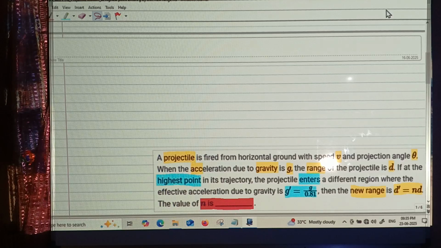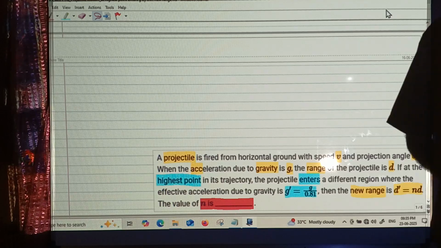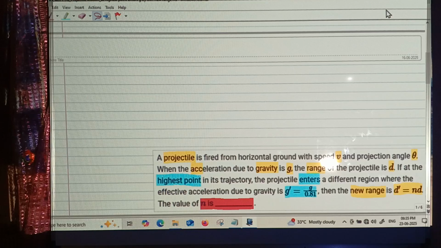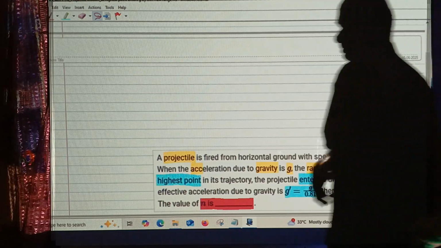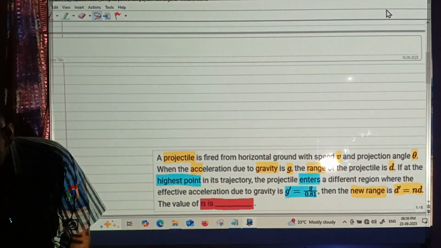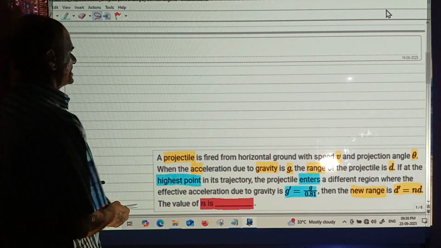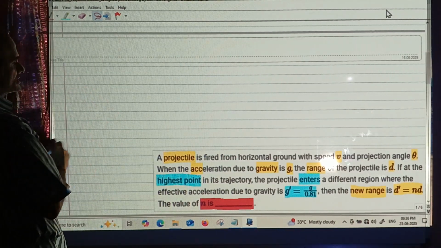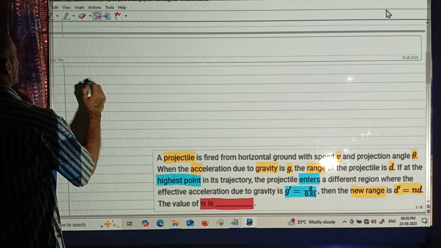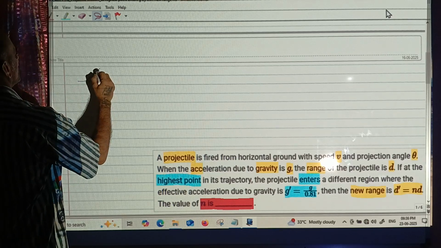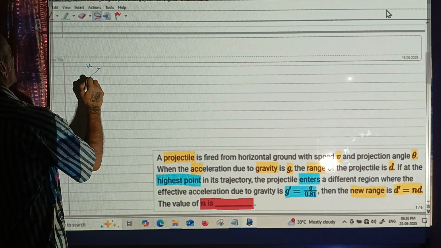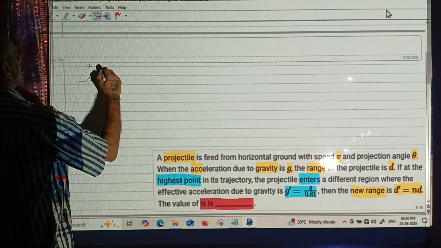You can pause and run this question. So in the first case, the projectile is at an angle theta.